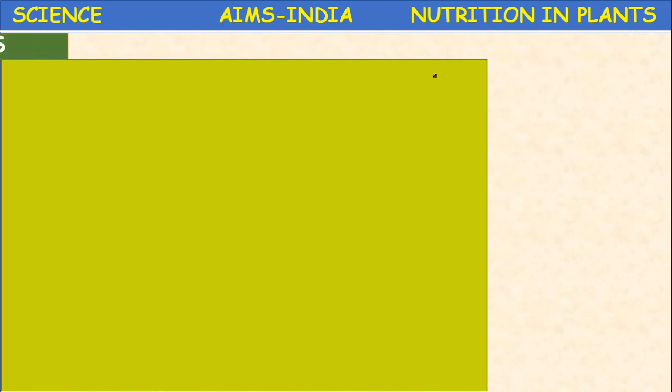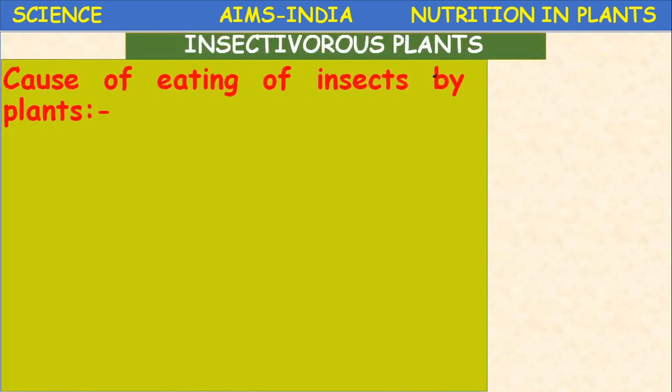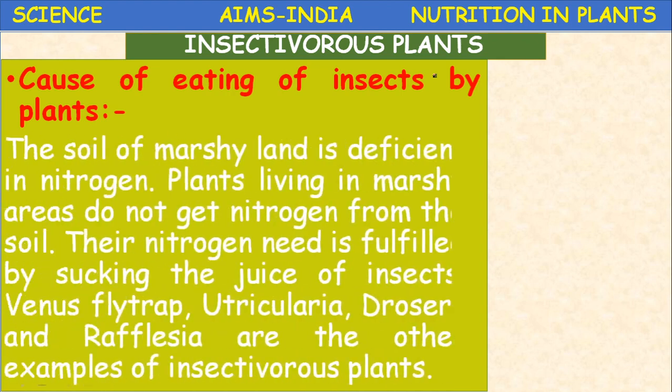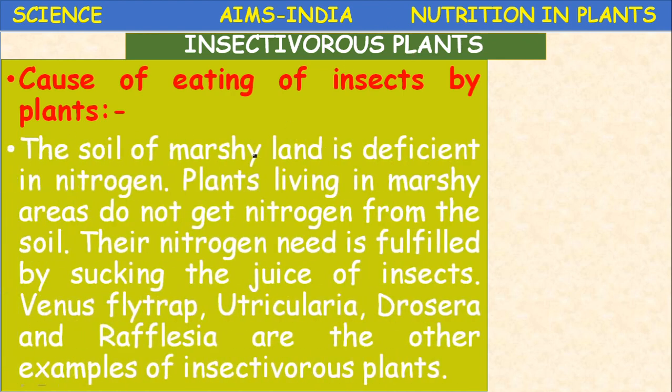Next, the cause of eating of insects by plants. The soil of marshy land is deficient in nitrogen. Lack of nitrogen in the marshy soils. Plants living in marshy areas do not get nitrogen from the soil.